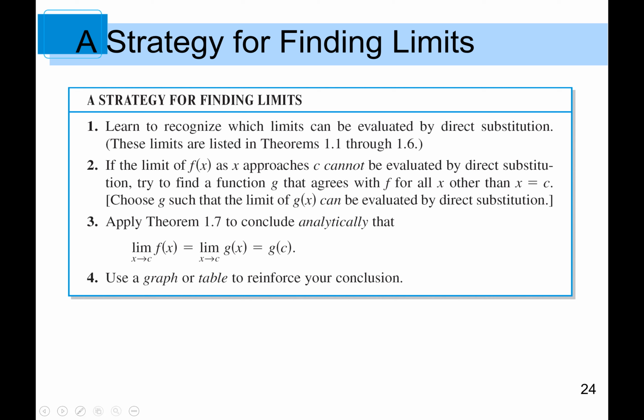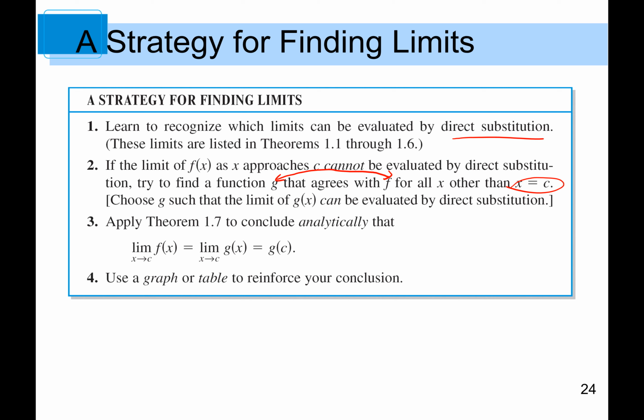Another strategy for finding a limit: learn to recognize which limits can be evaluated by direct substitution. If the limit of f of x as x approaches c cannot be evaluated by direct substitution, try to find a function g that agrees with f, meaning the two functions are identical except at one particular point x equals c.